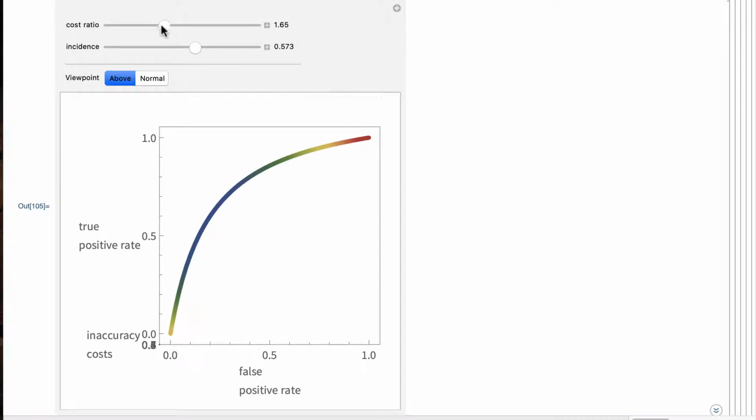And now if you move the slider, you're going to see what's interesting is that actually in 2 dimensions, the ROC curve doesn't change. Okay? All that's really changing are the inaccuracy costs corresponding with these points on the ROC curve. The ROC curve is determined by the classifier itself, not by the costs of inaccuracy or the incidence of positivity.